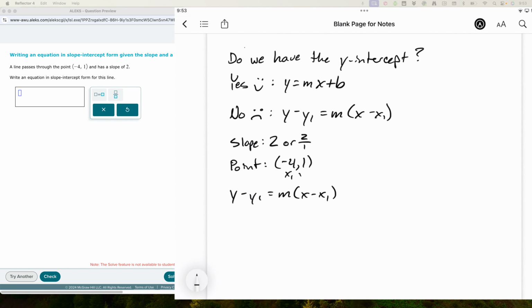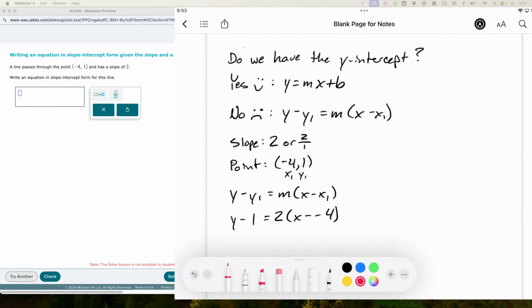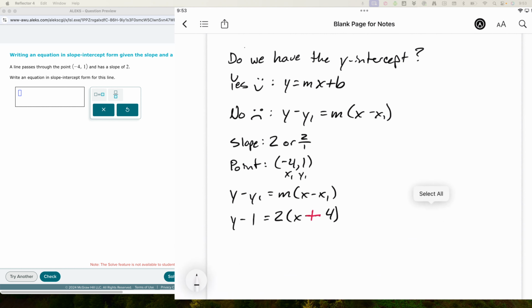So x1, y1. And so we will have y minus 1 is equal to our slope, which is 2, times x minus x1, which is negative 4. We'll clean up those signs. We get y minus 1 is equal to 2x plus 8.